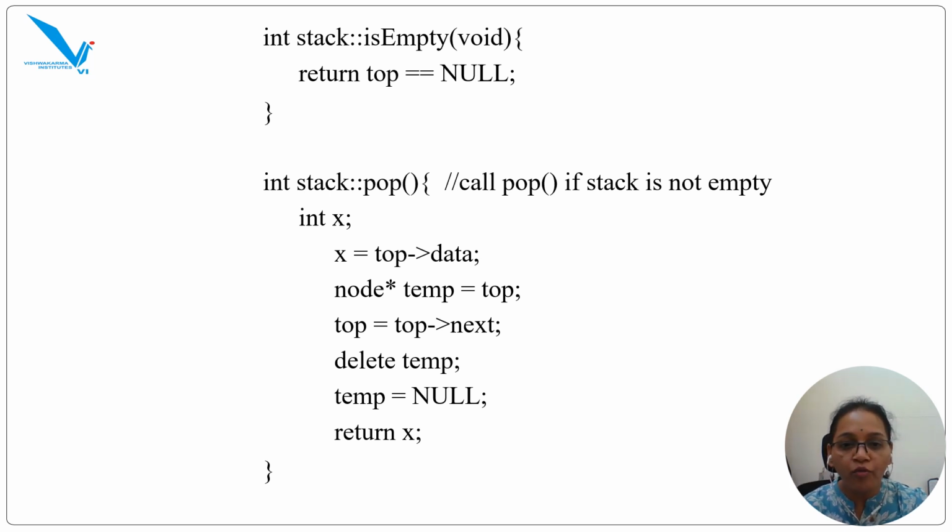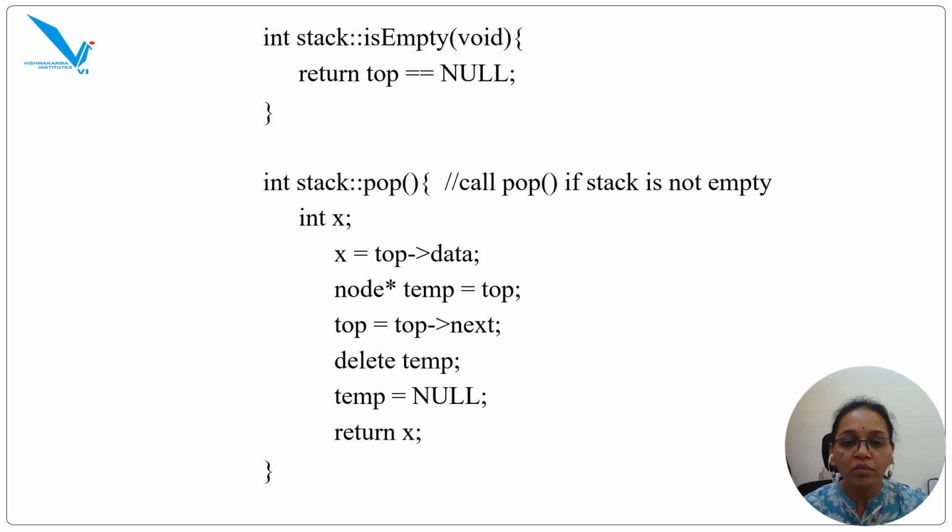And in case of pop function, let us define one variable, say x, which will hold your popped element. So what you have to pop? Top of data, right? And you have to put it into x. So x is equal to top of data. Then define one temporary variable, node star temp, and make it point to top. So temp will now point to top.